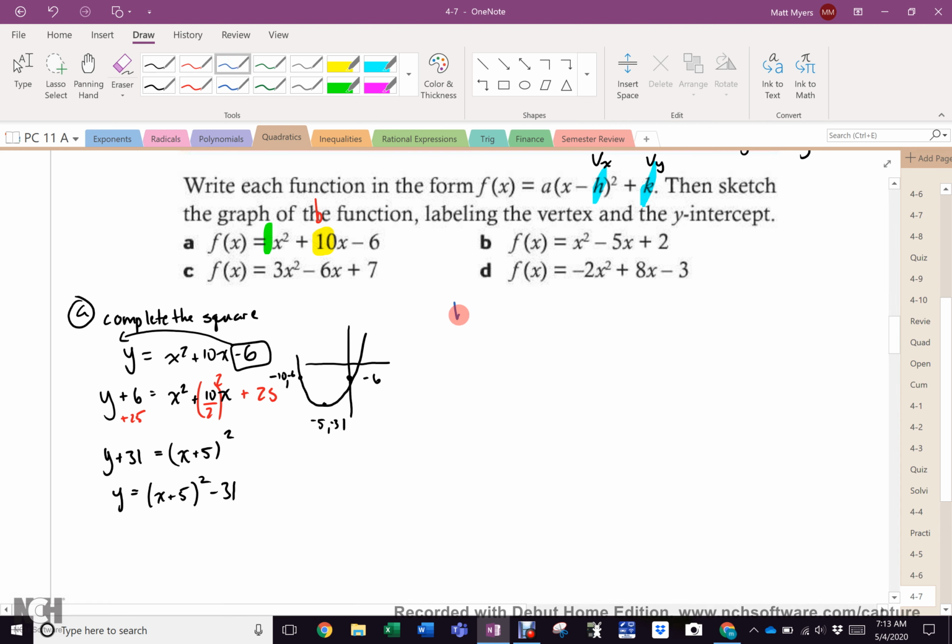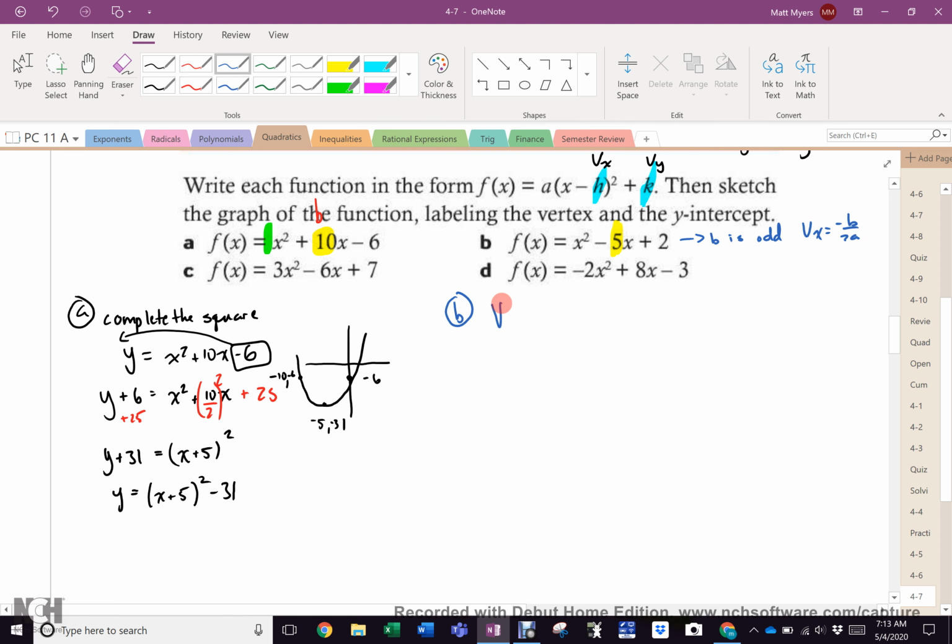So let's have a look at B. And again, we check. First place we check, b. Is b even? No. In this case, b is odd. So this makes this a good candidate for vertex x equals negative b over 2a.